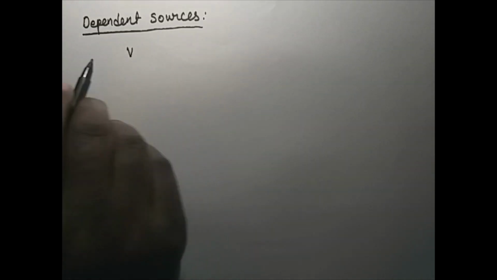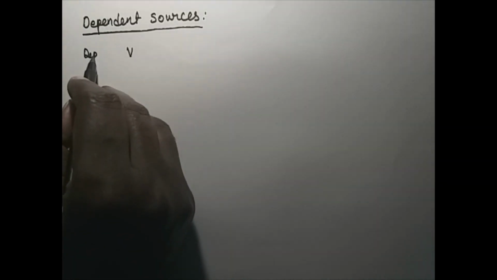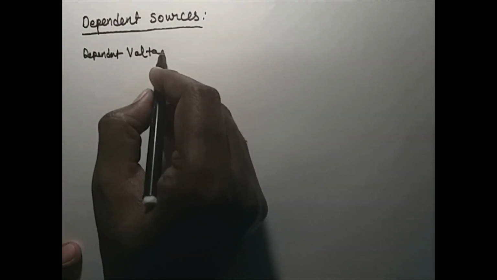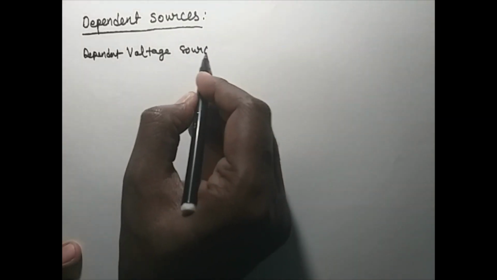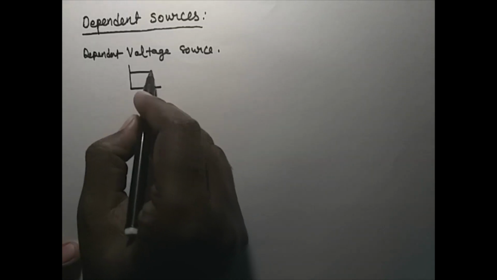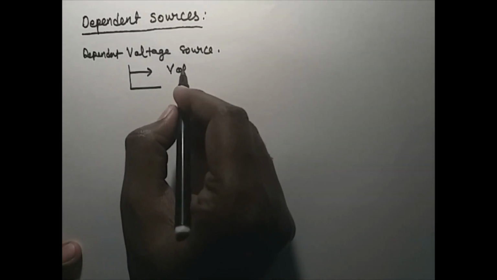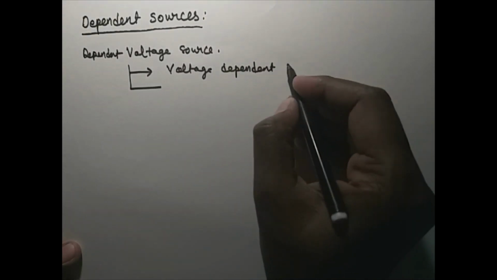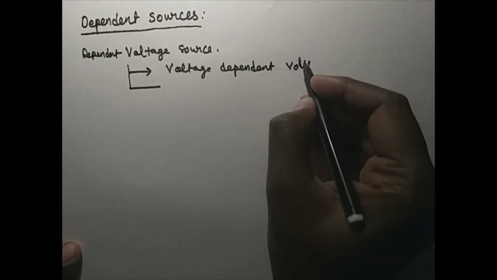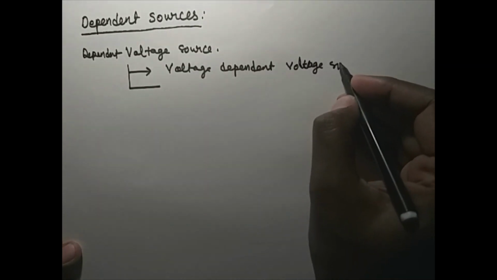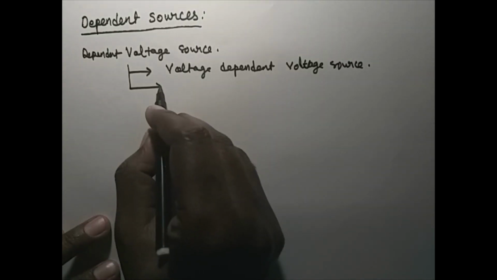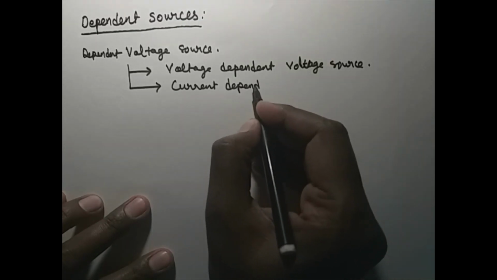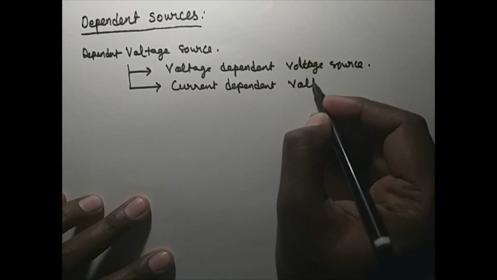So if we talk about dependent voltage sources, these are of two types. First is voltage dependent voltage source, and second is current dependent voltage source.